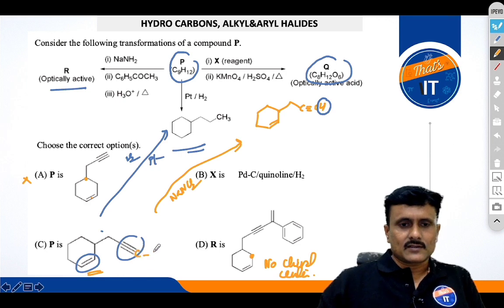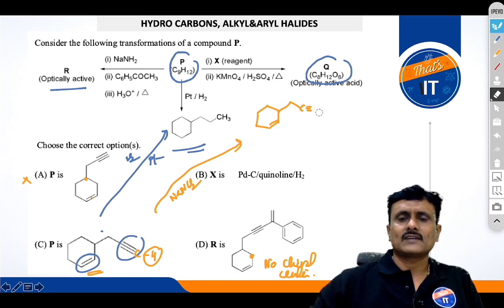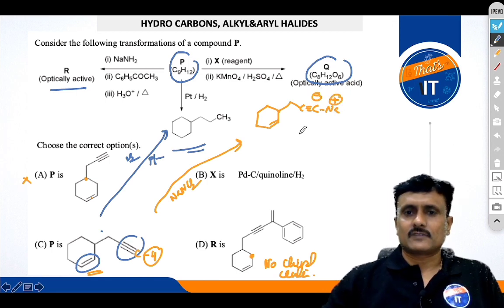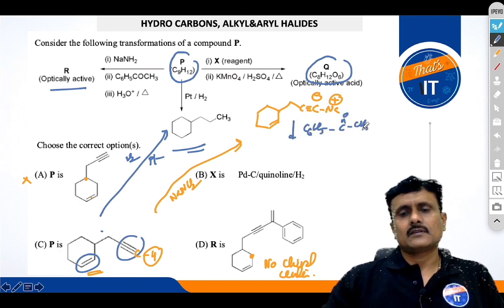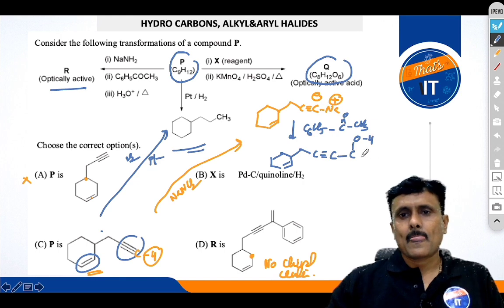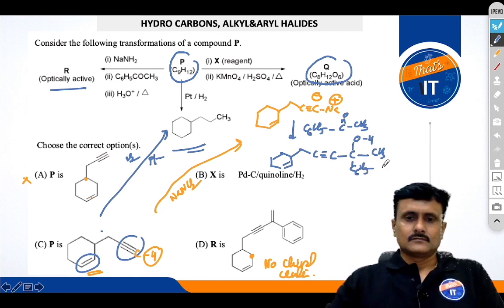You know that this terminal hydrogen will be removed or replaced by sodium, because you all know that they are acidic in nature. Now after that, you know that this would undergo nucleophilic addition on the ketone, giving rise to a double bond C, triple bond C. This is attacking over here, that is OH, CH3, C6H5. Got it?